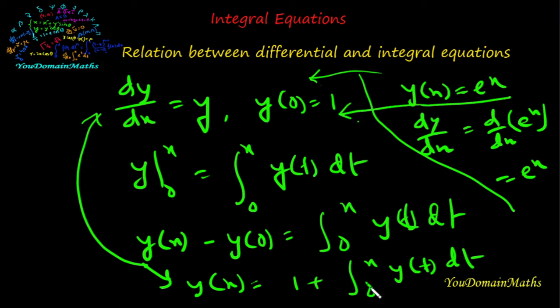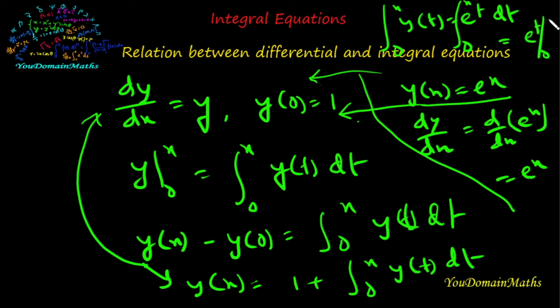Now we can check: y of t equal to e to the power t, and integrating from 0 to x of e to the power t dt, we can write e to the power t from 0 to x. So this answer can be written as e to the power x minus 1. And adding the 1, this 1 and minus 1 vanish, and we get e to the power x.